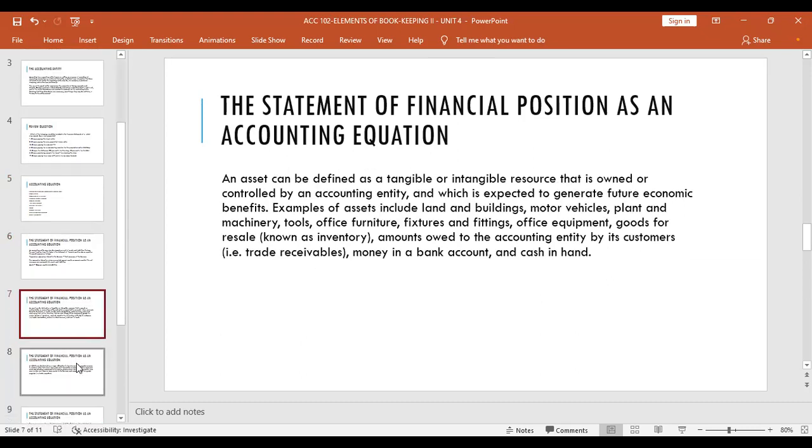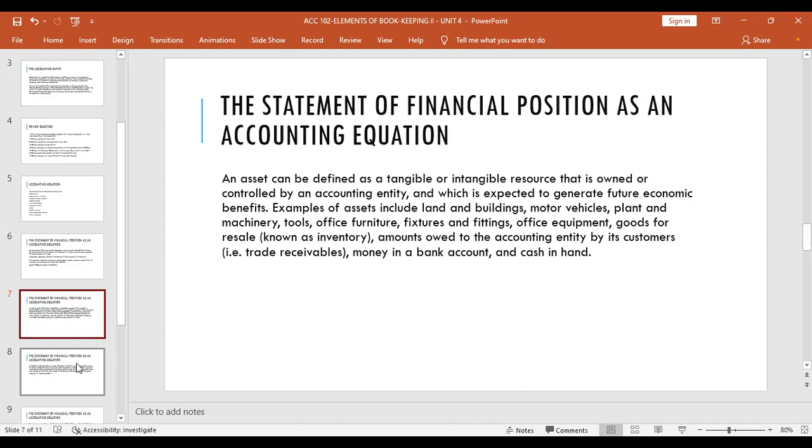Statement of financial position was once called balance sheet. But with IFRS, International Financial Reporting Standards, we now call it statement of financial position, which will show us total assets, total liabilities, and the total shareholders' fund or capital.